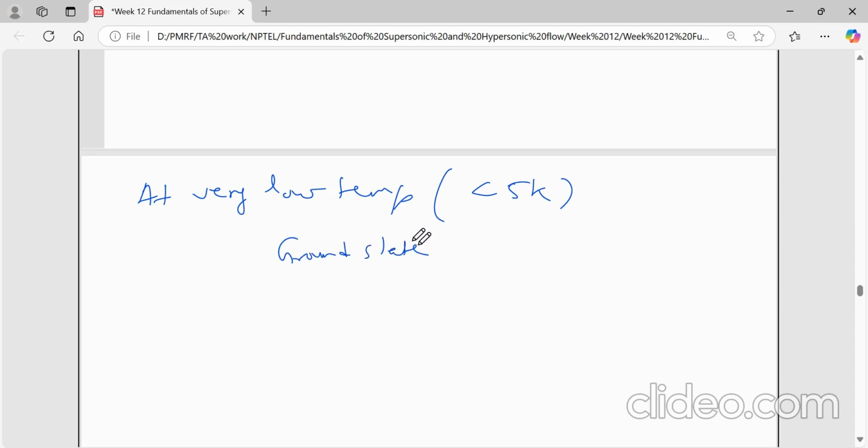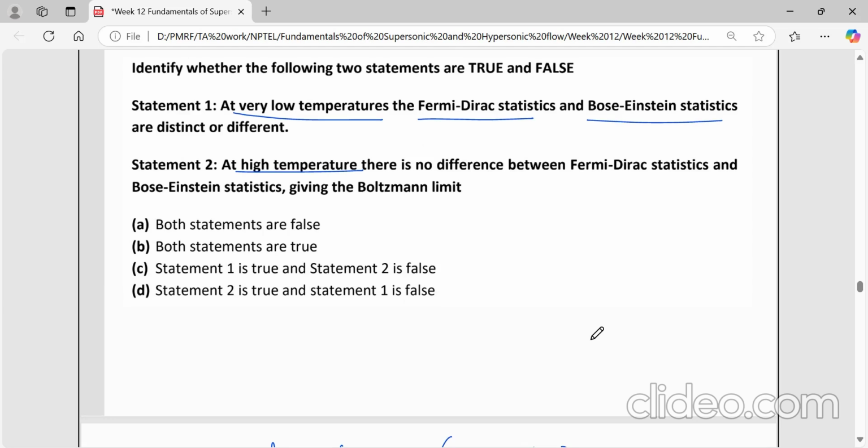So these states will be heavily populated, and as they are heavily populated, there will be big differences between Fermi-Dirac statistics and Bose-Einstein statistics.